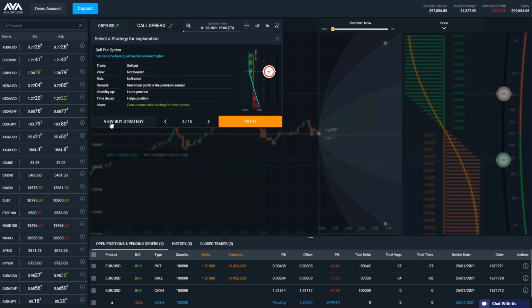If I look at the other side of it, I'm expressing a bullish view, but it has unlimited downside risk, so we don't like that one. Here's the call spread. We can also look at a put spread. If I sell a put spread, it's pretty much the same thing as buying a call spread. So you can go through here and look at all the different strategies and find out which one is going to be best for you, and which one is going to meet your view.